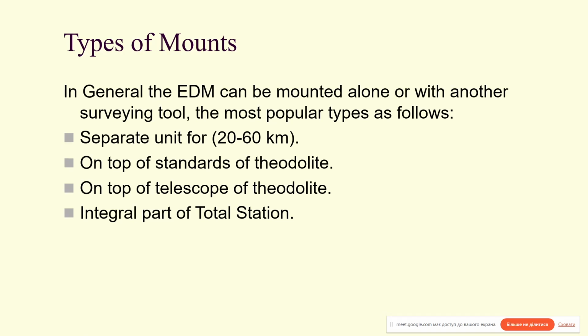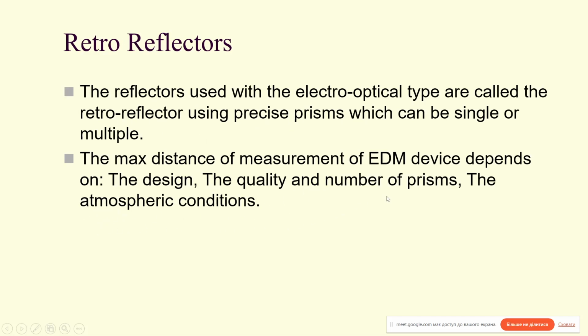Well, electronic distance meters can be mounted on a different base. In general, EDM can be mounted alone or with another surveying tool. The most popular types are as follows: separate unit on top of standards of theodolite, on top of telescope of theodolite, and integral part of total station.